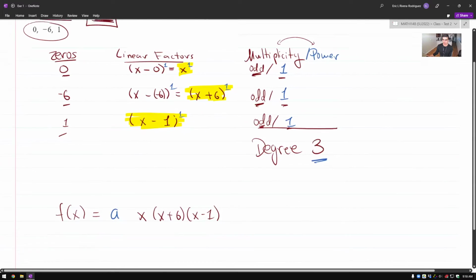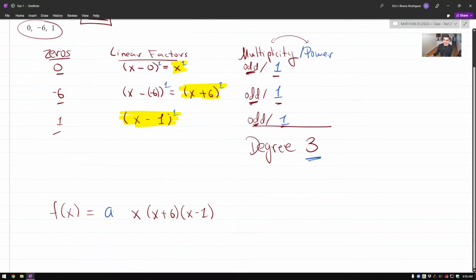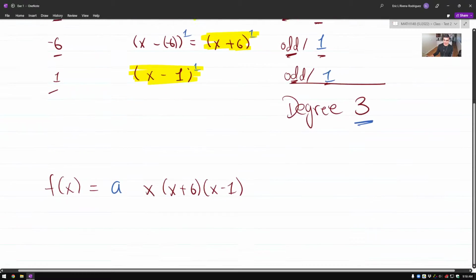Here there is no way we can get that value, because the only information that we have is that the degree needs to be 3 and the zeros need to be 0, -6, and 1. Okay, so we stop here.